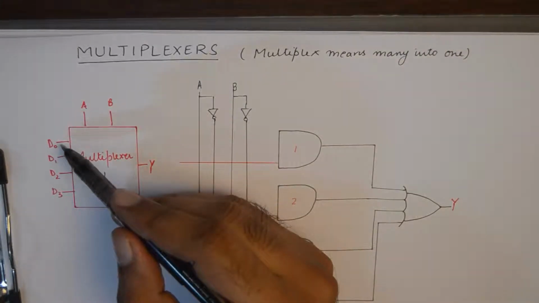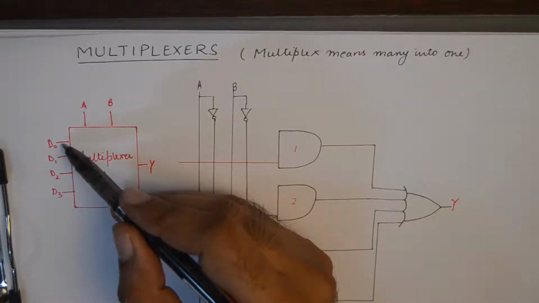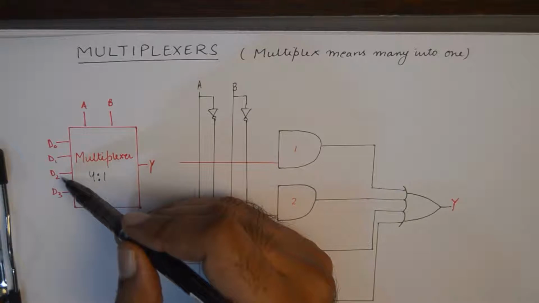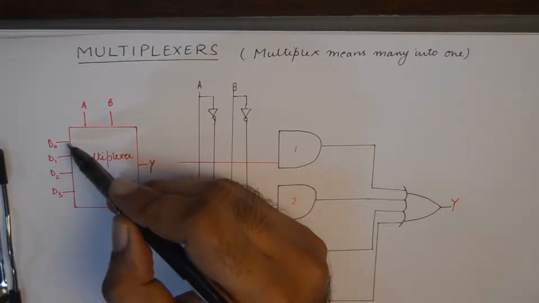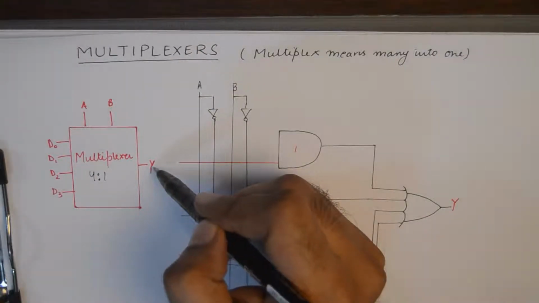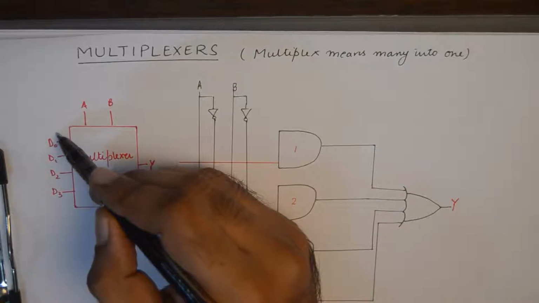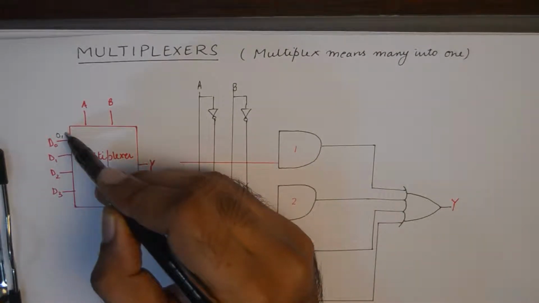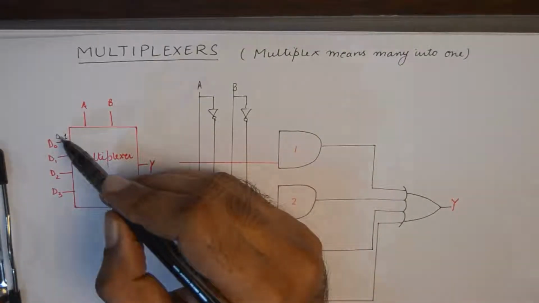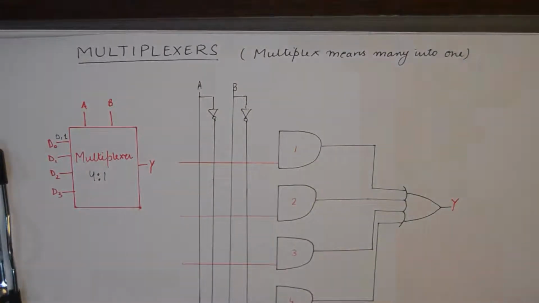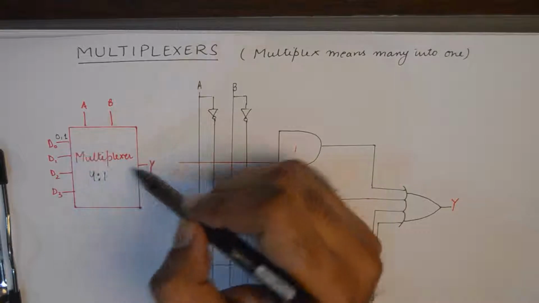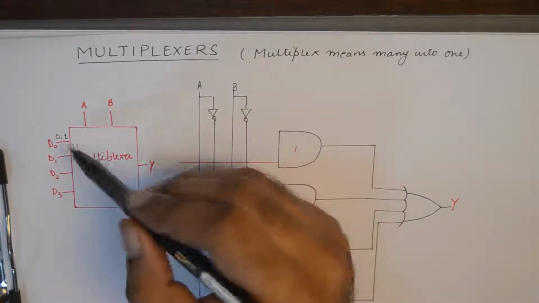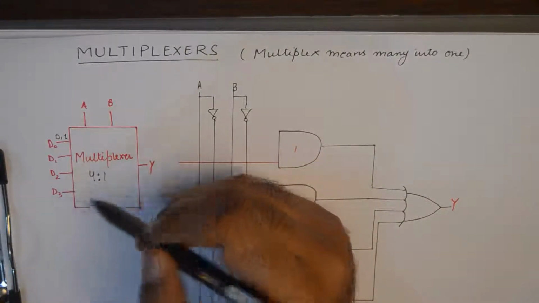Now please understand, it does not matter what the input is. For example, if we were to select D0 to be displayed at the output, it would not matter if D0 itself is a 0 or a 1. So that's an important point. We are simply concerned about selecting this input and steering it to the output. We are not concerned about the value of the input here.